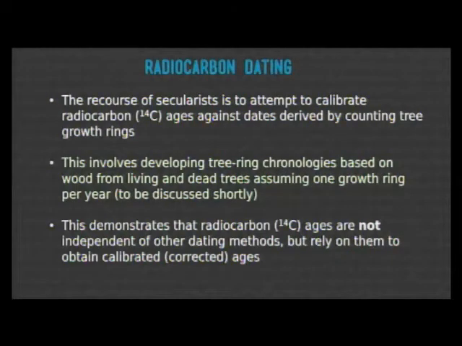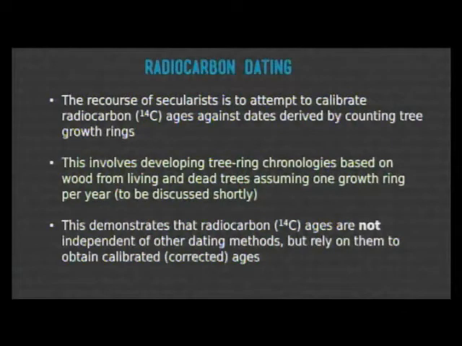Now, how do the secularists get around this problem of calibrating radiocarbon? Well, they derive a calibration by counting the growth rings of trees. They have developed tree ring chronologies based on the wood from living and dead trees, assuming 1 growth ring per year, and we'll come to this issue shortly. Let me finish the radiocarbon story before we talk about tree ring dating.